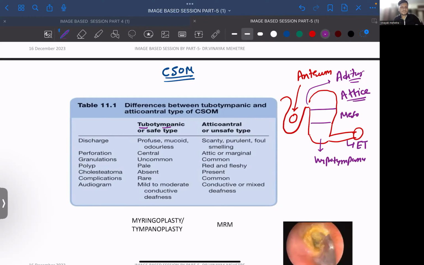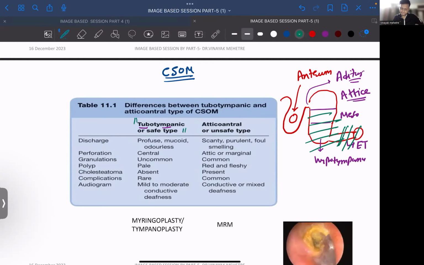Tubotympanic. इसका मतलब क्या हुआ? ट्यूब कौन सी है हमारे पास? There is only one tube, eustachian tube, plus tympanic membrane is involved. It will be called tubotympanic or safe CSOM. Okay.